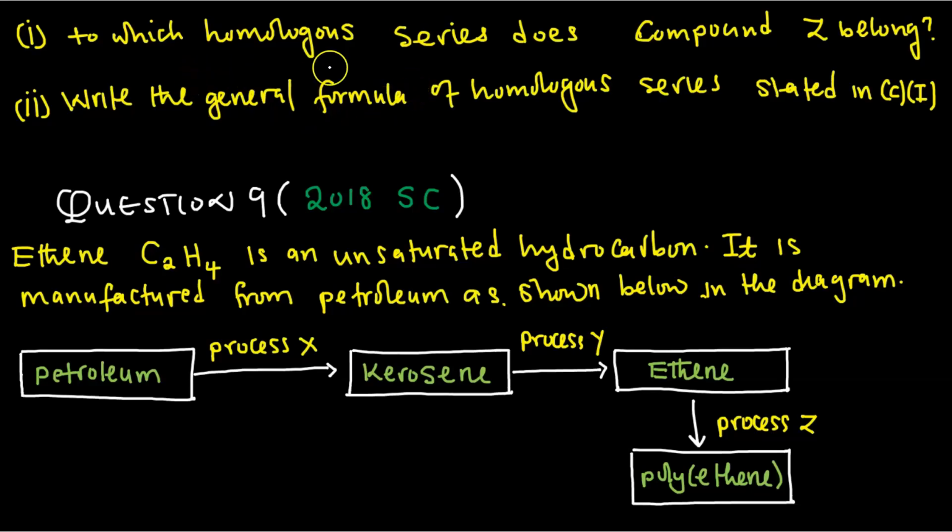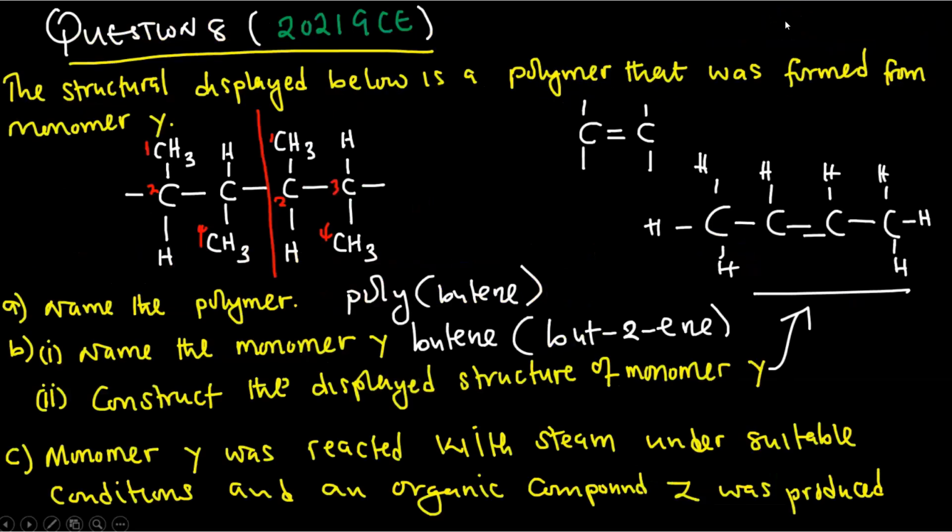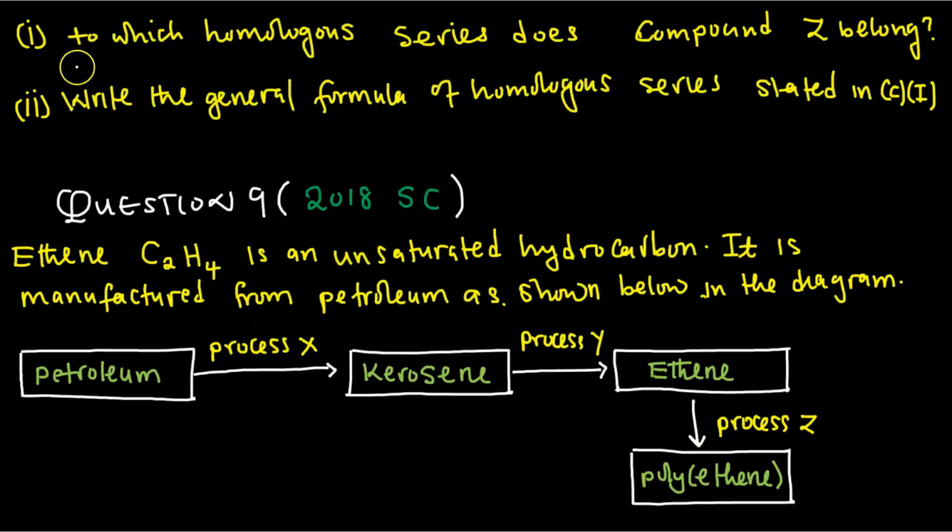The question is: to which homologous series does compound Z belong? Compound Z is the one formed after hydration, or adding of steam. So it belongs to alkanols, or alcohols, because it was formed after a hydration reaction. That is the formation of alcohol.